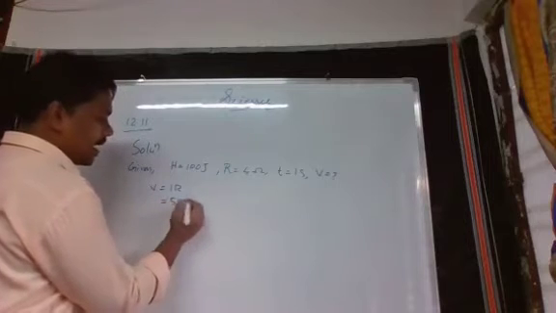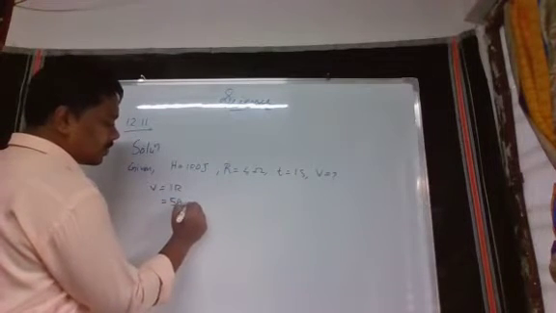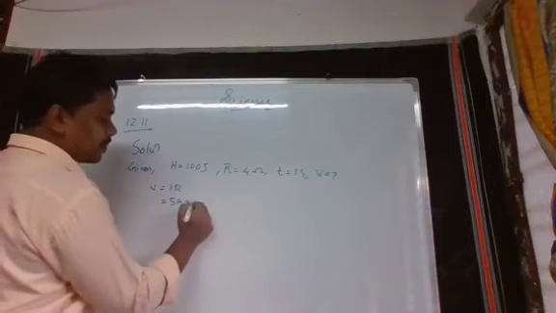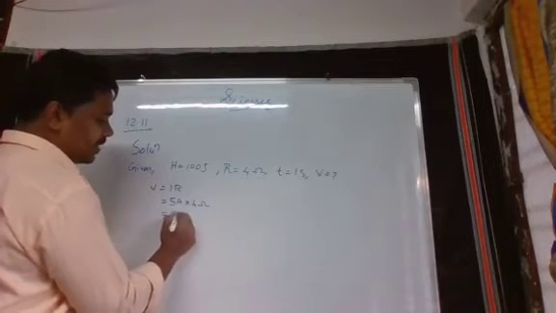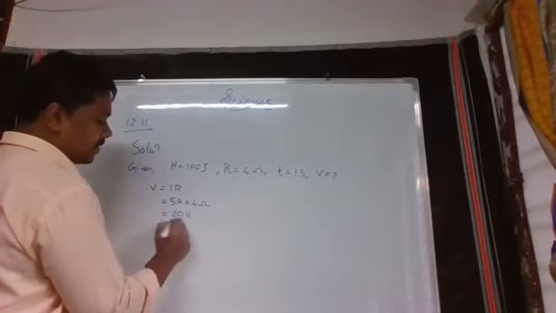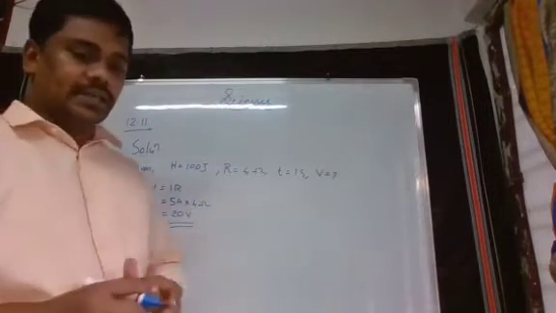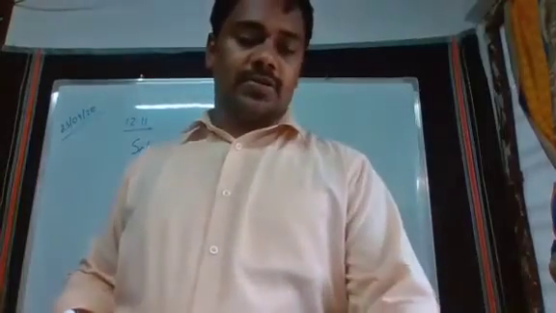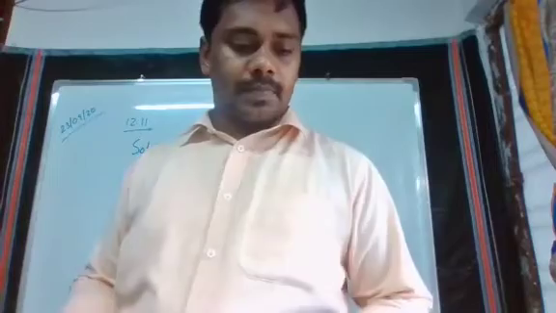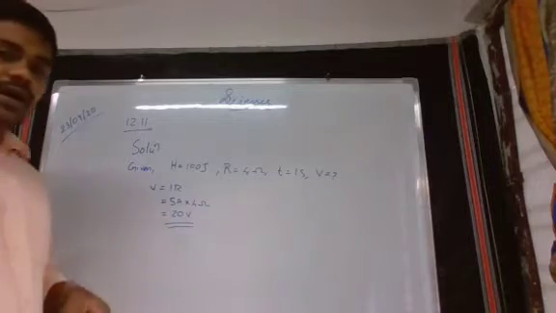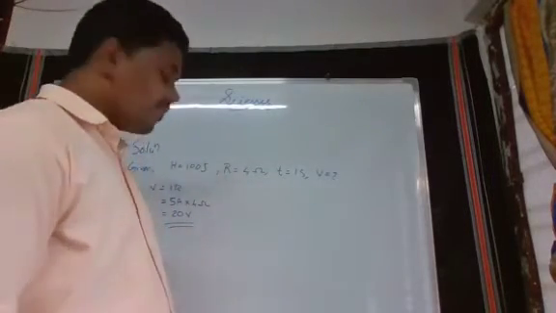I is 5 A and R is 4 ohm. 5 into 4, 20. 20 volt is the answer. Here we substituted the value and we get the answer as 20 volt.